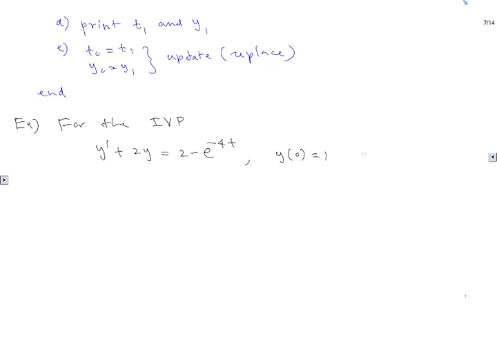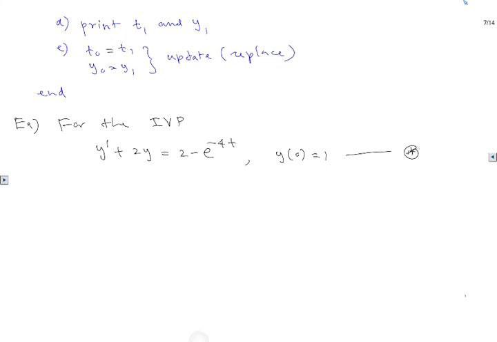I'm going to call this star for future reference. First, how to find the solution for this one? You can actually find the exact solution. If you look at this one, you can see that this is first order linear, so that means you can use the integrating factor method.